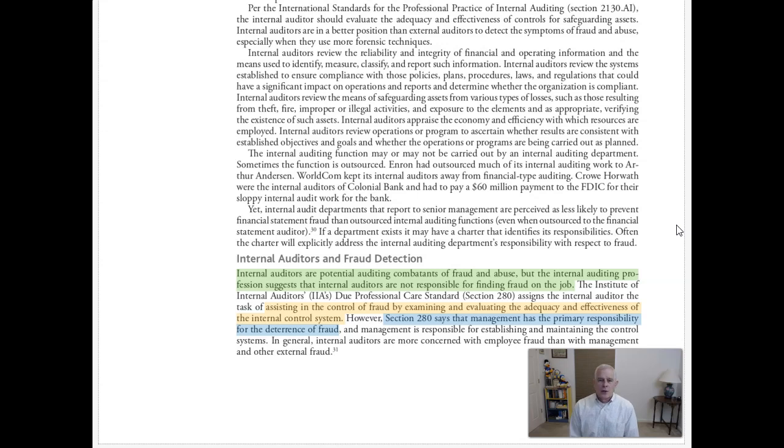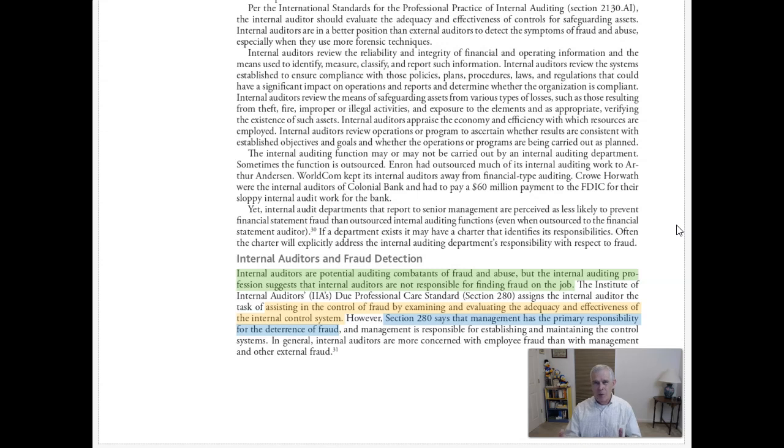Now, internal auditors, within the larger companies. Internal auditors are potential auditing combatants of fraud and abuse, but the internal auditing profession suggests that internal auditors are not responsible for finding fraud on the job. So think about that. The internal auditors, as a profession themselves, are saying, we're not responsible.